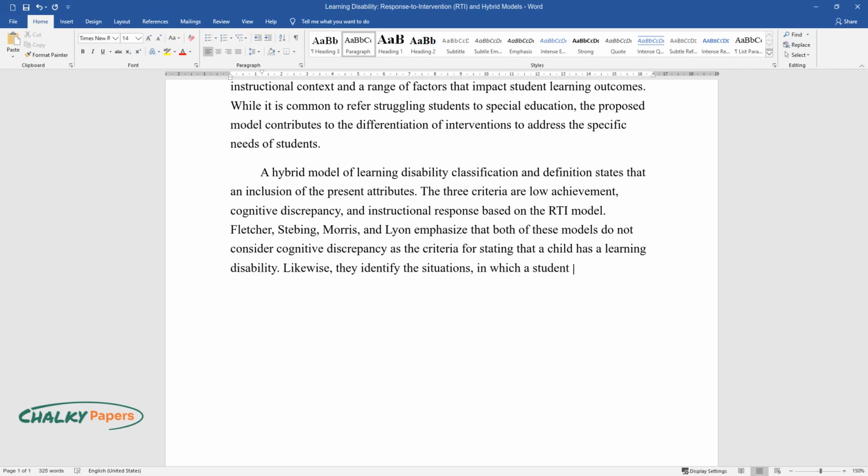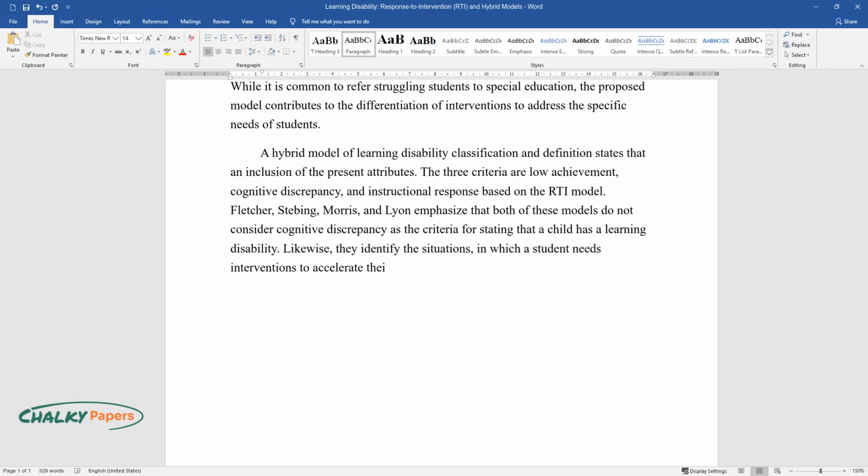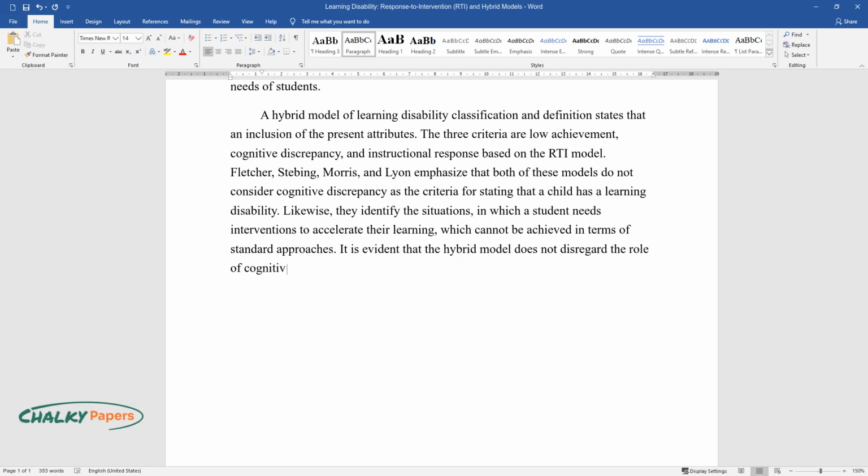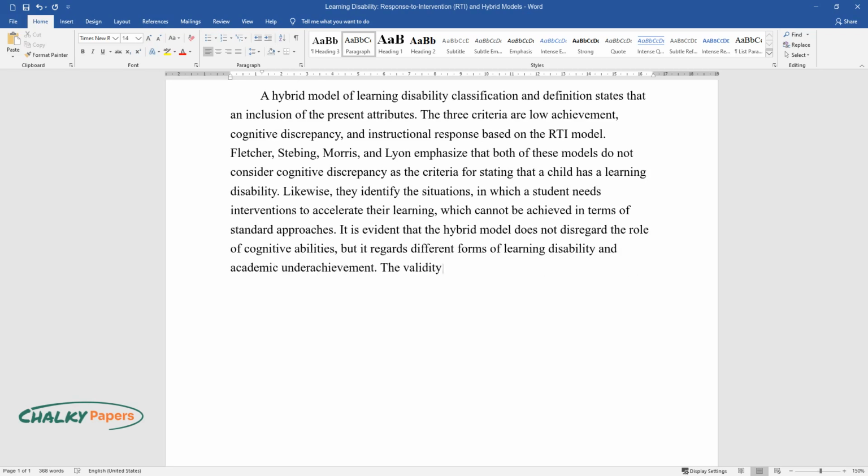Likewise, they identify the situations in which a student needs interventions to accelerate their learning, which cannot be achieved in terms of standard approaches. It is evident that the hybrid model does not disregard the role of cognitive abilities, but it regards different forms of learning disability and academic underachievement.